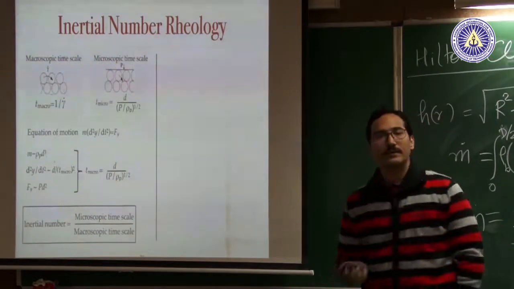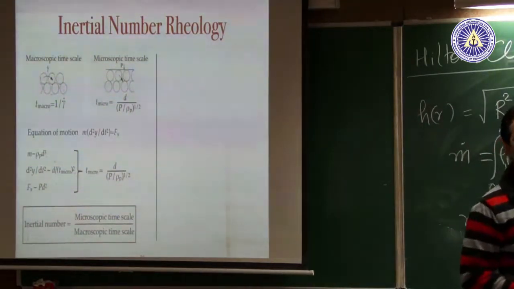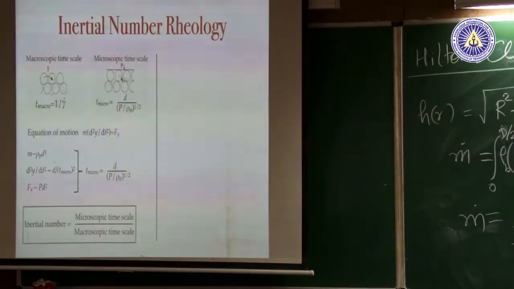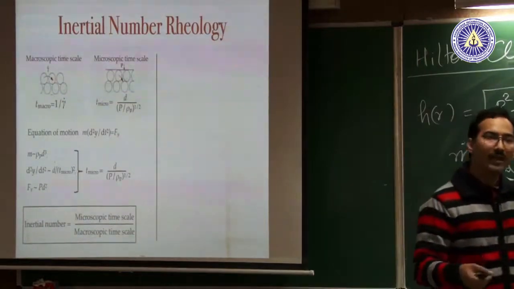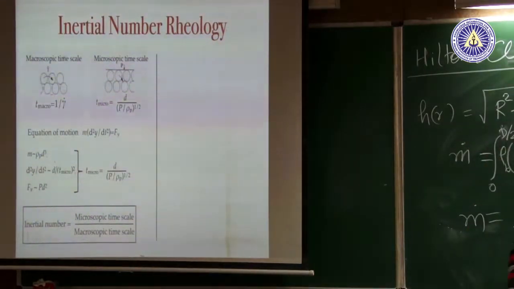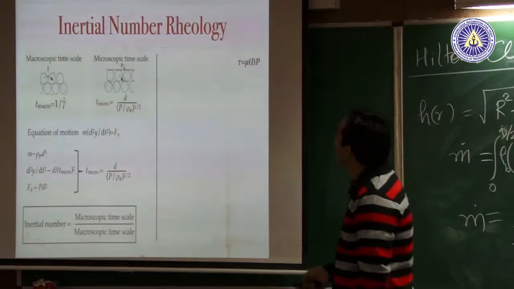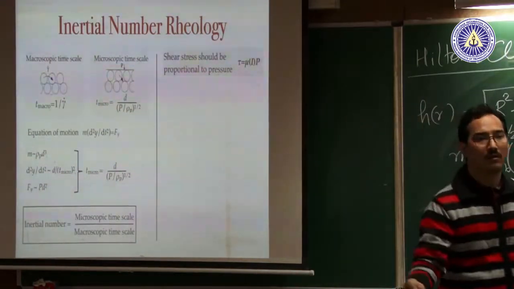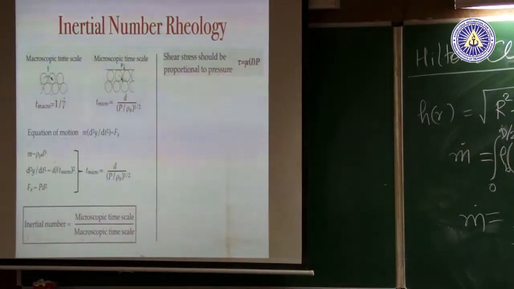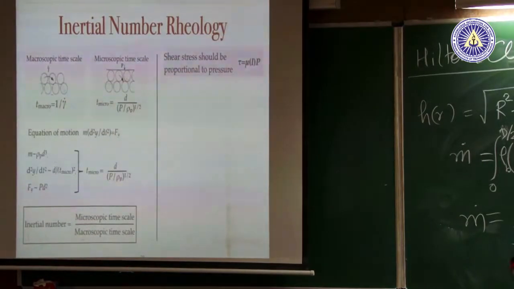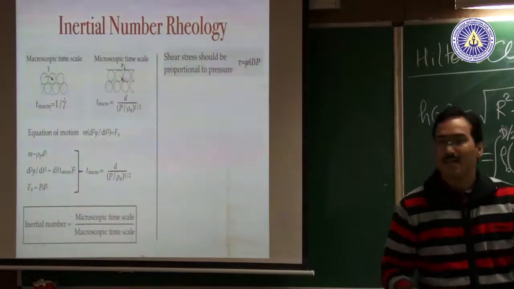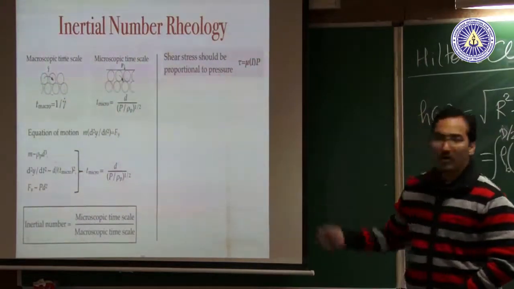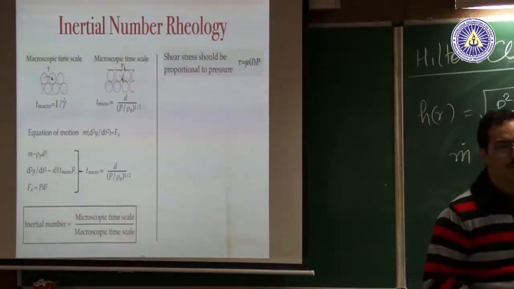So from a dimensional argument, since you have already ignored the Young's modulus of the particle, the pressure is the only scale available, and this is the only dimensionless number available. So any other component of the stress, for example the shear stress in this case, will have to be proportional to the pressure, and the proportionality constant, let's say from Coulomb theory, is some effective friction coefficient, which can depend only on the inertial number.